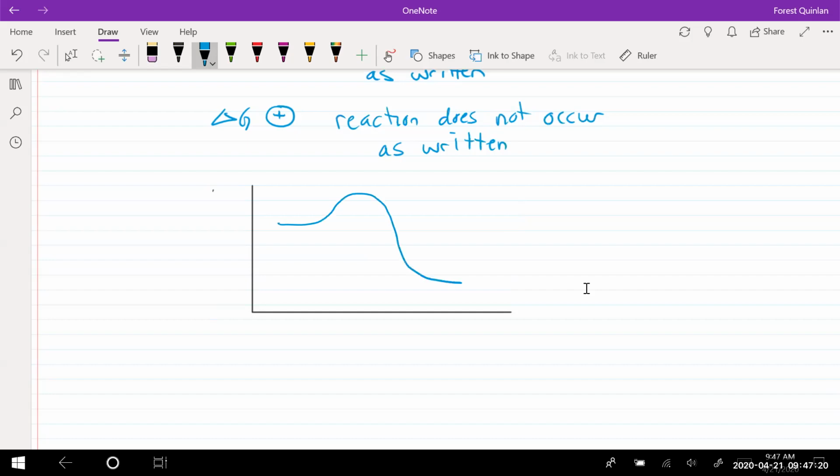You guys remember this? Yes. Right, we had our activation energy, and we had our reactants and our products, which meant that at the end of the day, we had an energy difference.